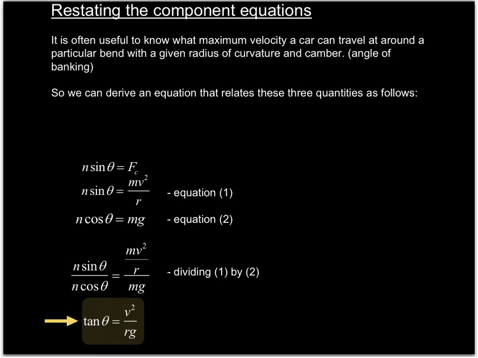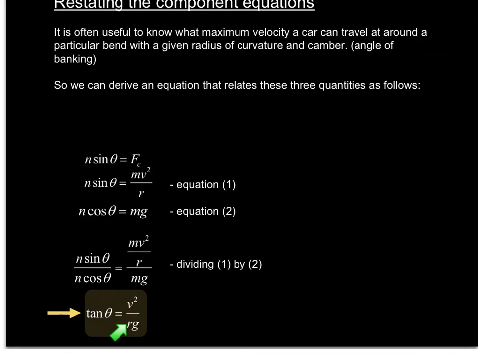The right hand side simplifies down, the masses cancel out, and we are left with this expression involving the maximum velocity possible in terms of the angle of the banking and the radius of curvature r.